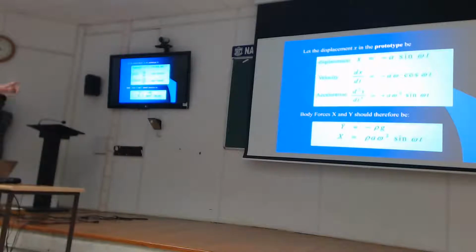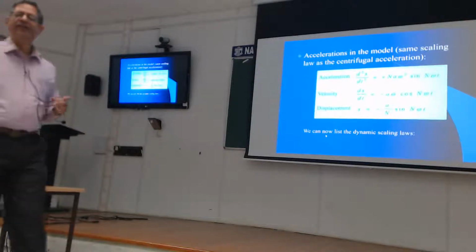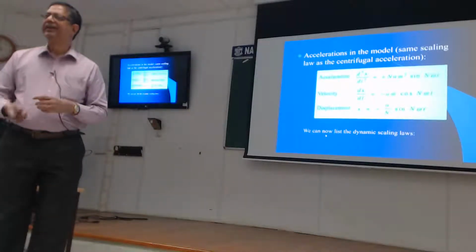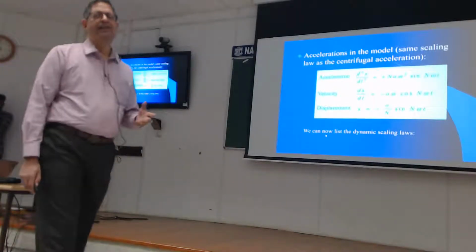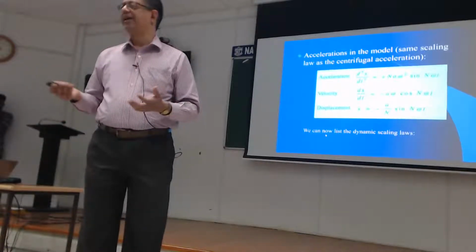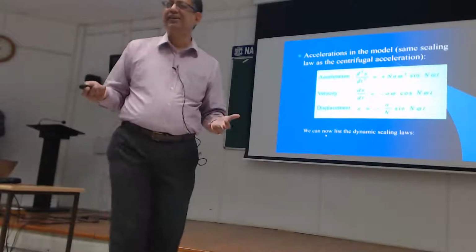so this is all good for prototype, right? For the model in a centrifuge, what should happen? Now the accelerations are something we already know. Why? Because in yesterday's class we said of course the gravity must be increased by a factor of n in the centrifuge test, but gravity is acceleration, right?